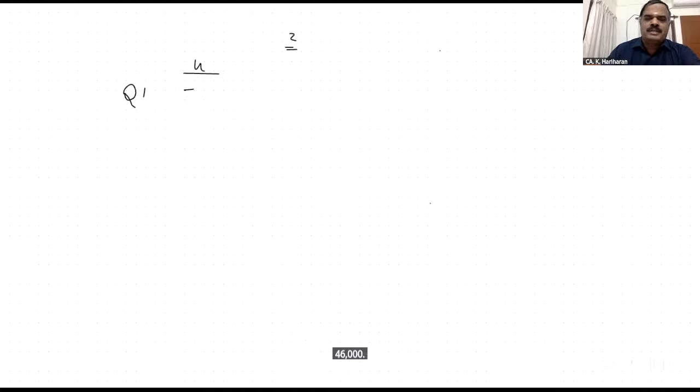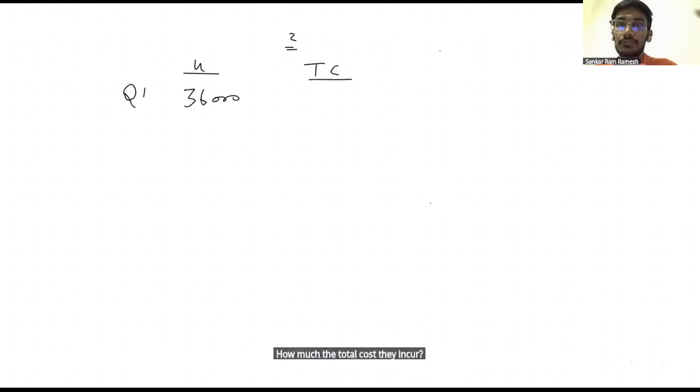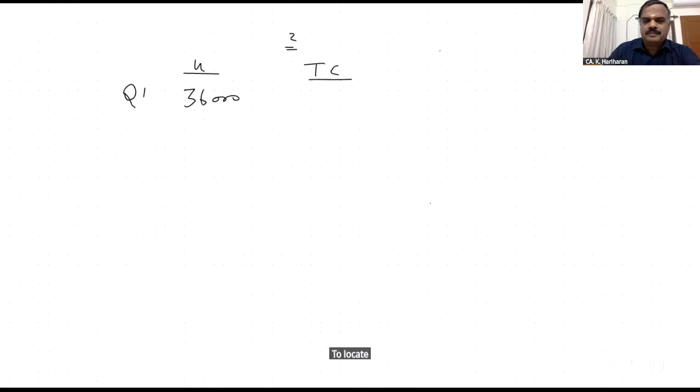To produce 36,000 quantity, how much total cost did they incur? 280,000.